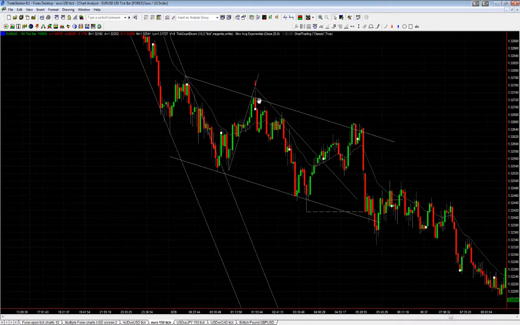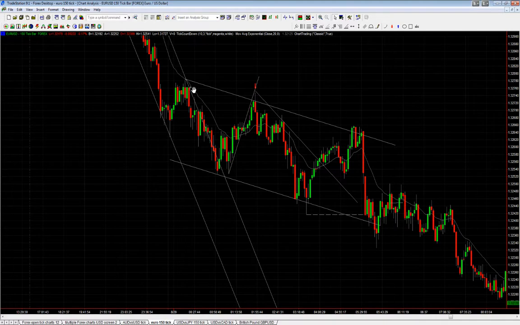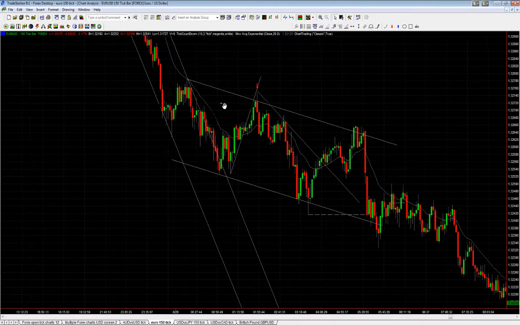So I didn't see any support right here for this trade. I guess you can consider that low side as support, but it's not at strong resistance, so I wasn't sure about taking this trade.